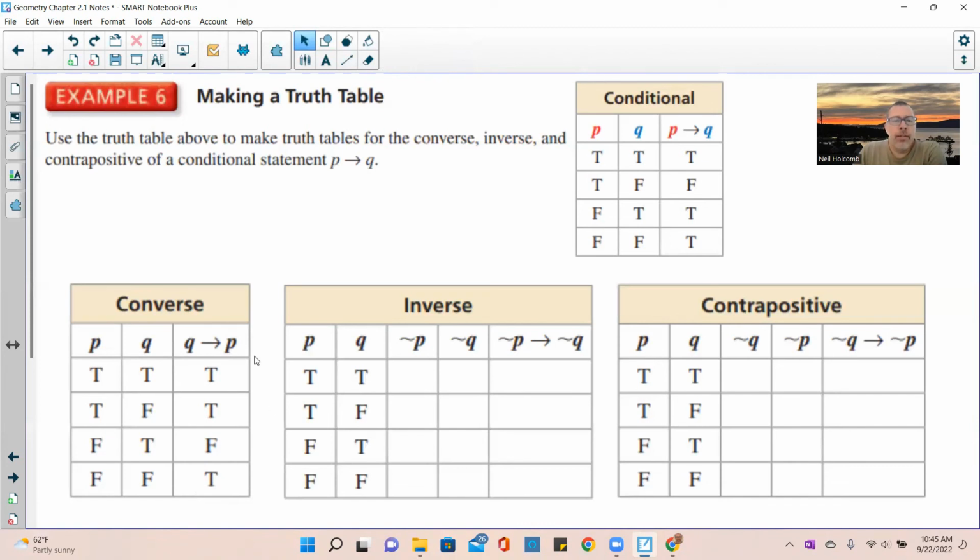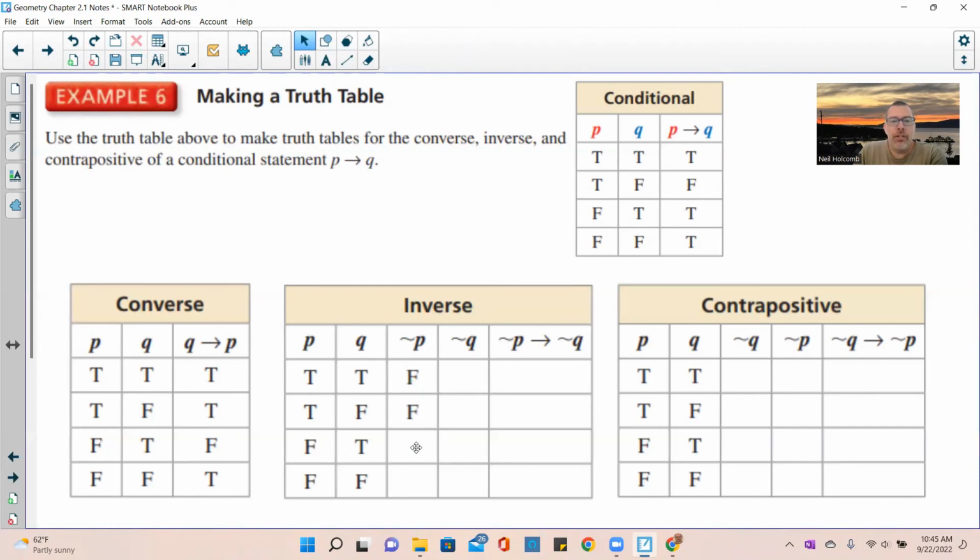Now we're going to do the inverse. If you first say the ball is red, and now you're saying the ball is not red, and the ball is red was true, then saying the ball is not red would be false. So the inverse is always the opposite truth value of the original. If P is true, not P will be false.